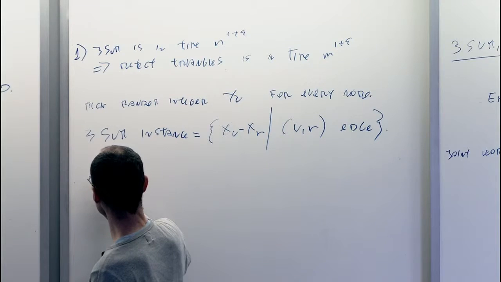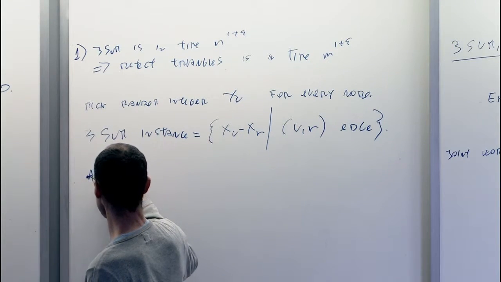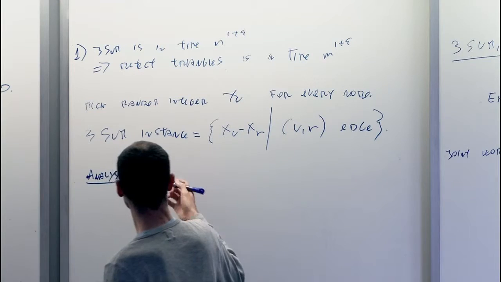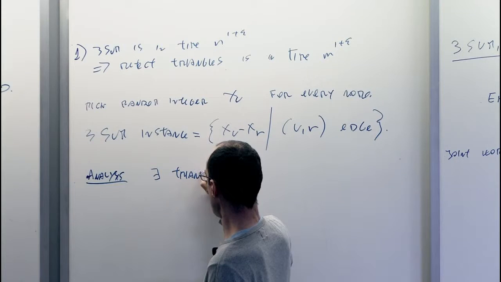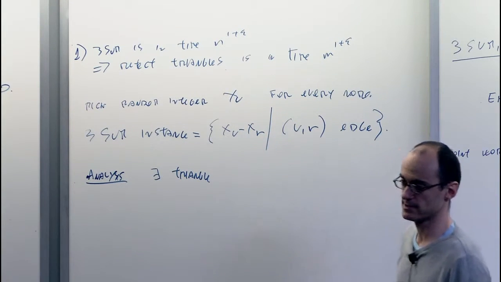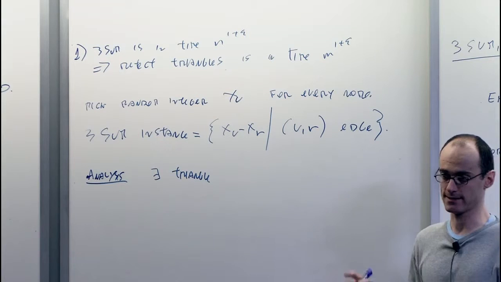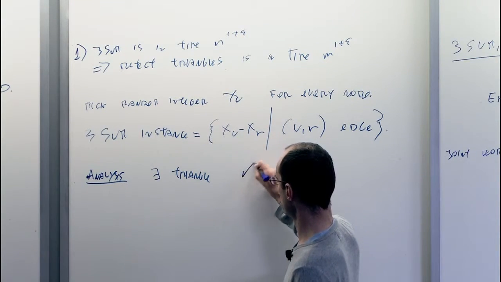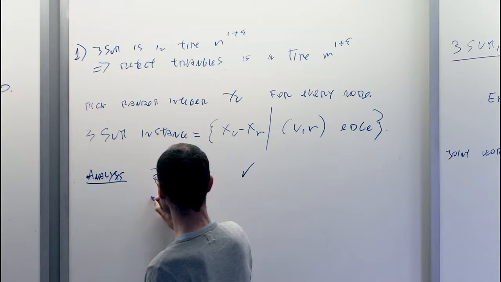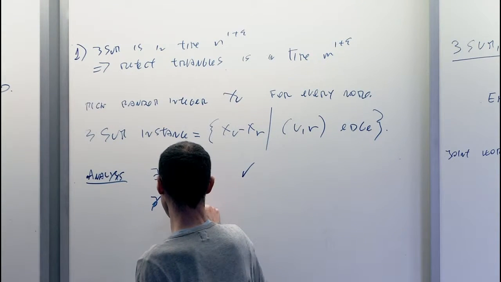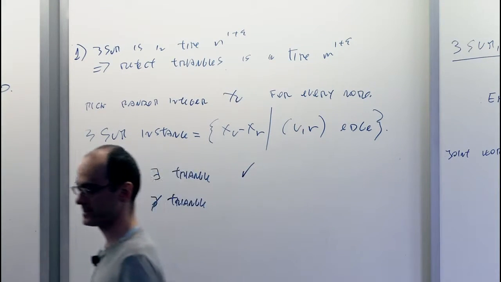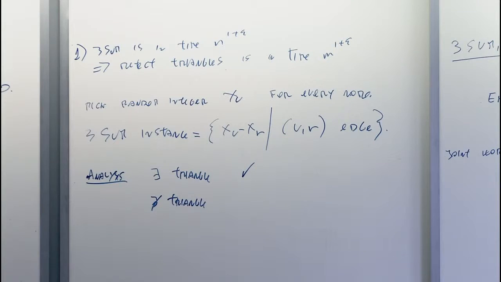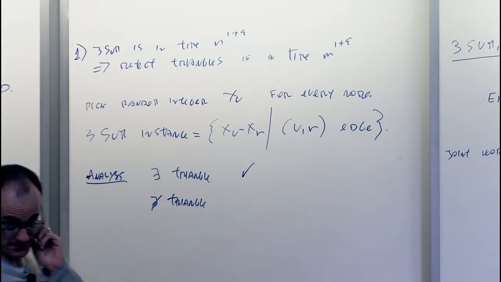So for the analysis, clearly if there exists a triangle, then the corresponding three numbers will sum to 0 because everything will cancel out. So this is easy. If there is no triangle, then every three numbers that you pick will correspond to a non-zero linear form in the x's.